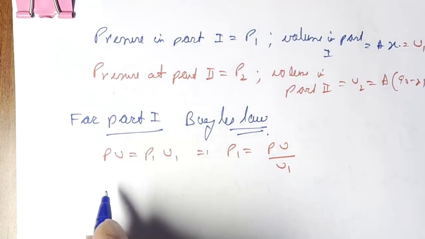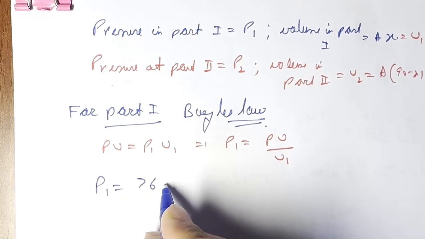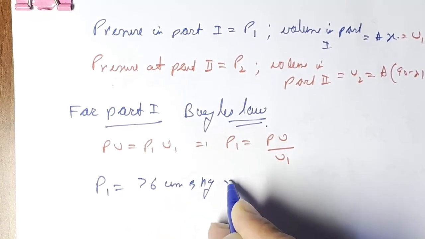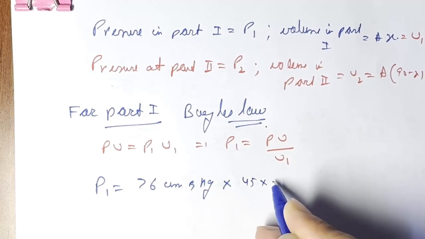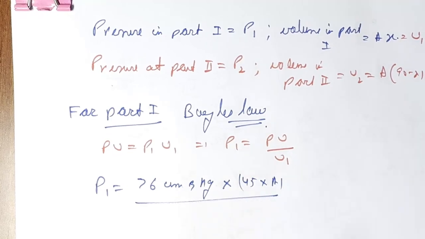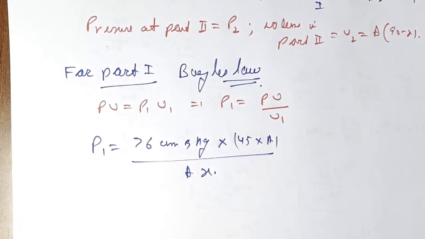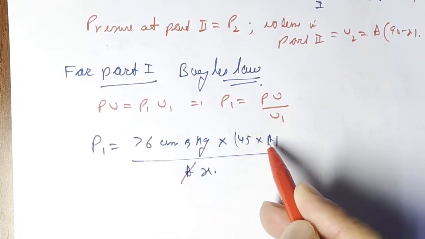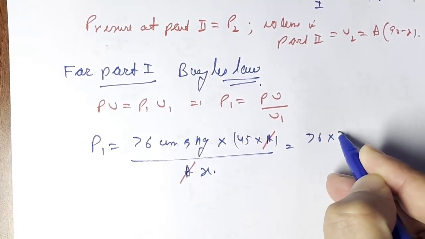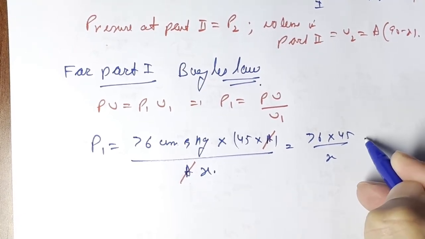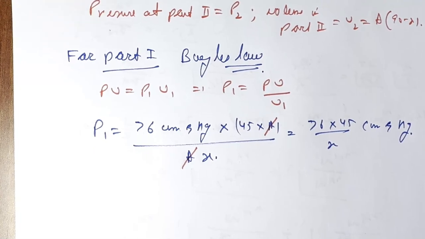We substitute the values. P is given as 76 centimeter of mercury, multiplied by the volume, which is the length 45 multiplied by the area of cross section, and V1 we just calculated is A multiplied by X. A cancels out with A, so P1 = 76 multiplied by 45 divided by X centimeter of mercury. This is our P1, that is for part 1.